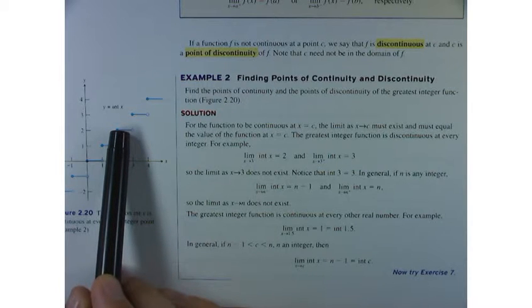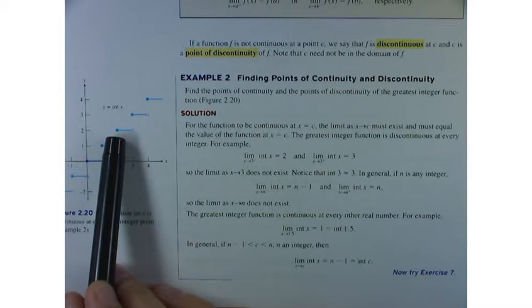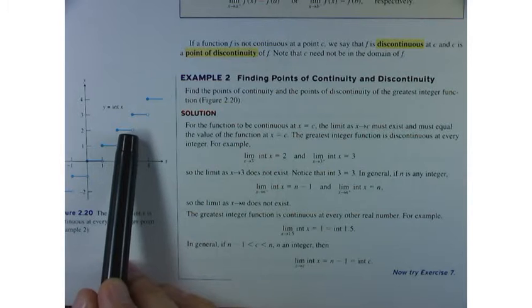So what we would do to cheat in this case would be to make this an endpoint continuity. But depending on the direction that we come from, it may or may not be considered continuous. So if I were to study this function as x approaches 3 from negative infinity, it's not continuous.